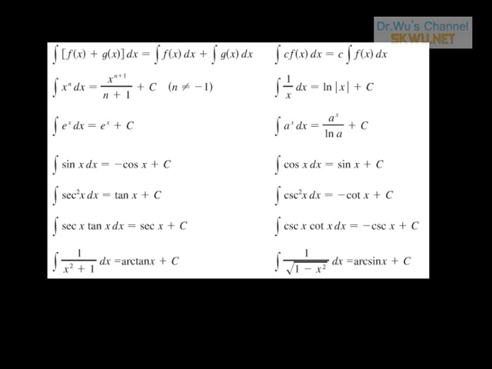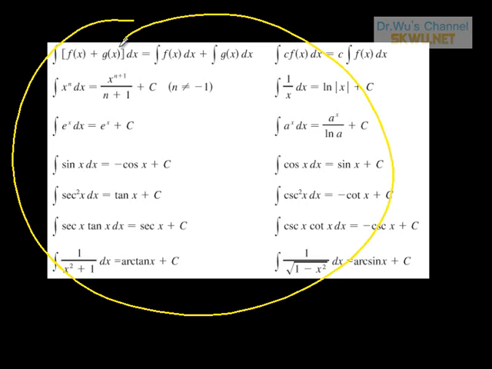Okay, we have already talked about this table in here. So the next step, well, if you didn't know about this table, you want to go back to my previous lecture.